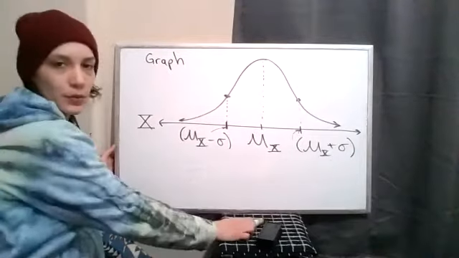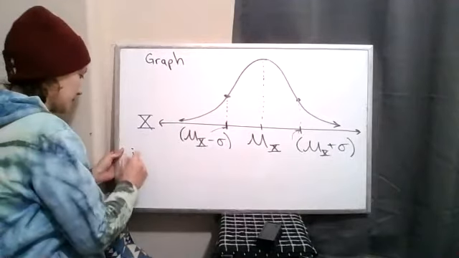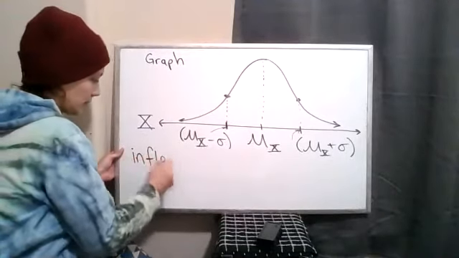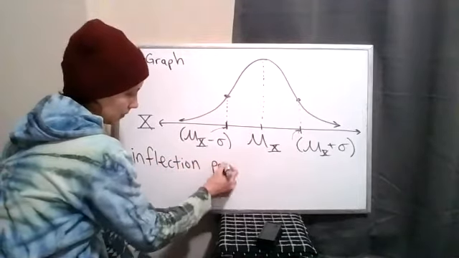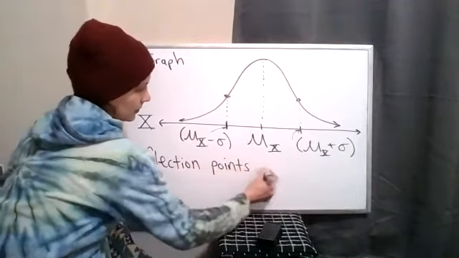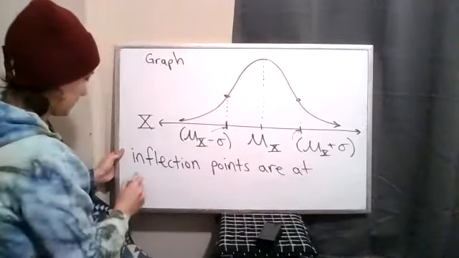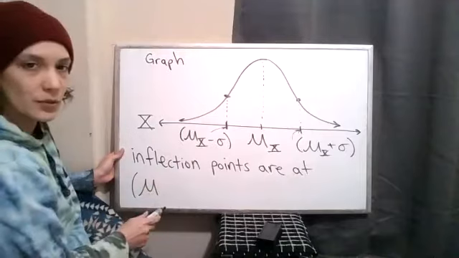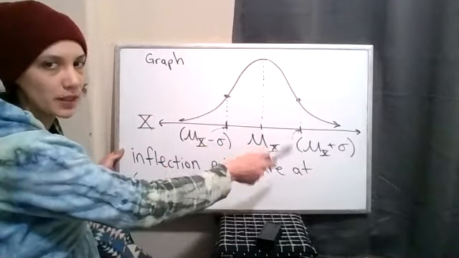All right, so those were the inflection points. First one, mu sub X minus sigma, and the other one is mu sub X plus sigma.